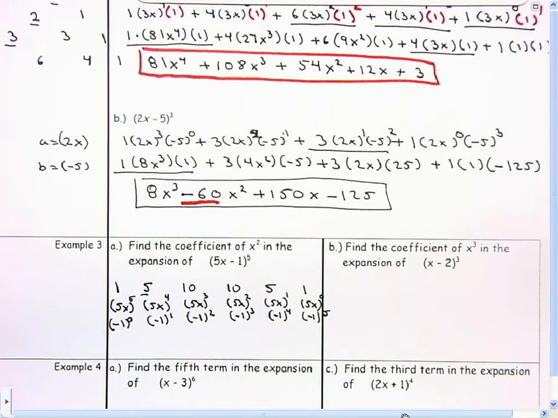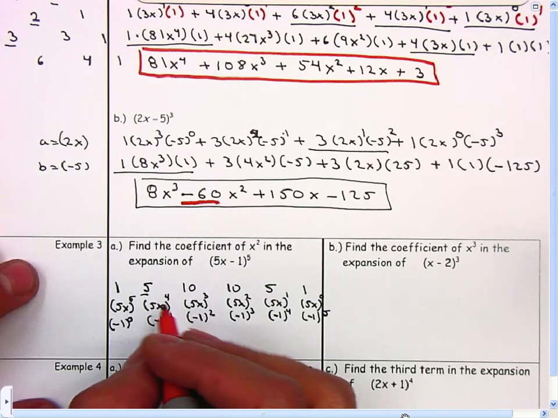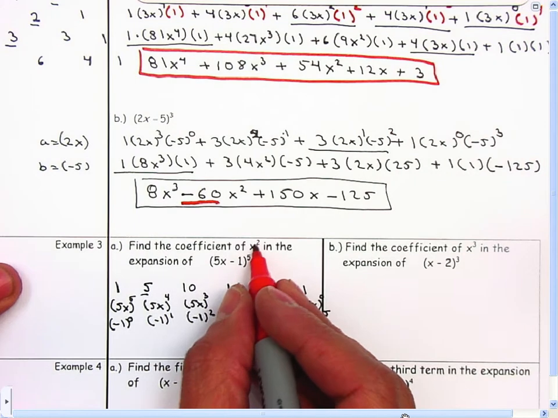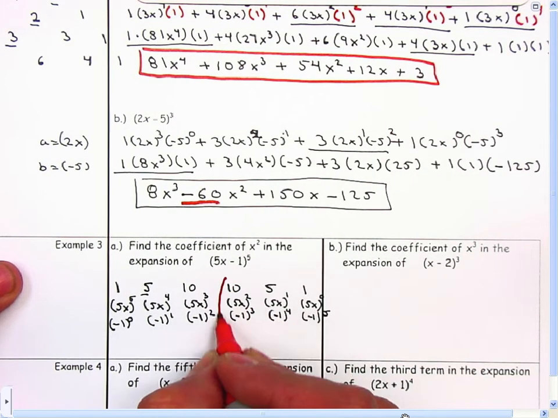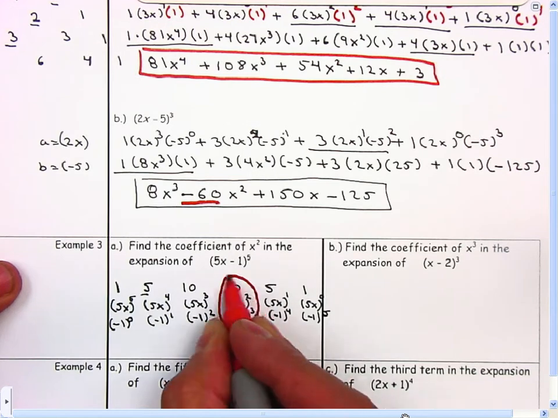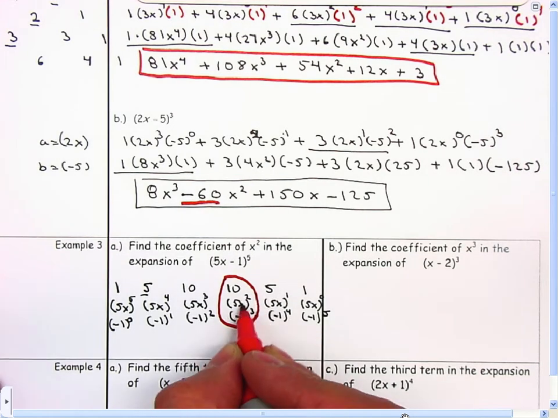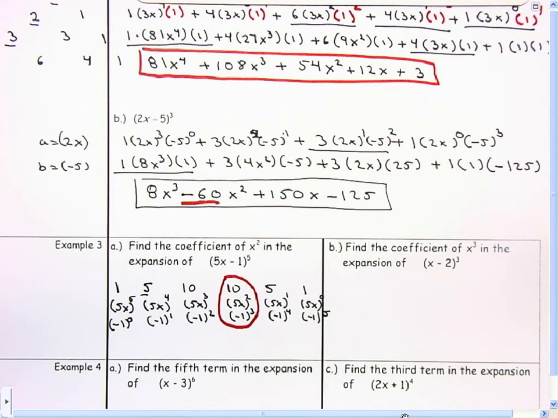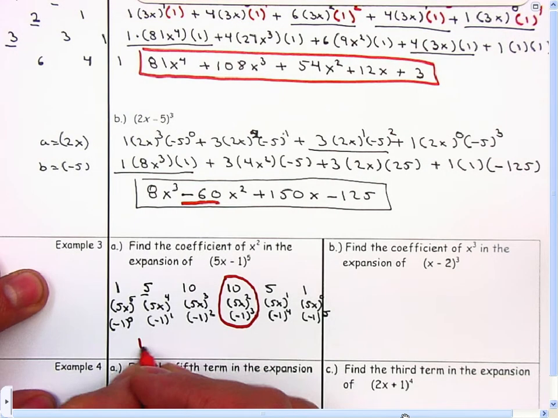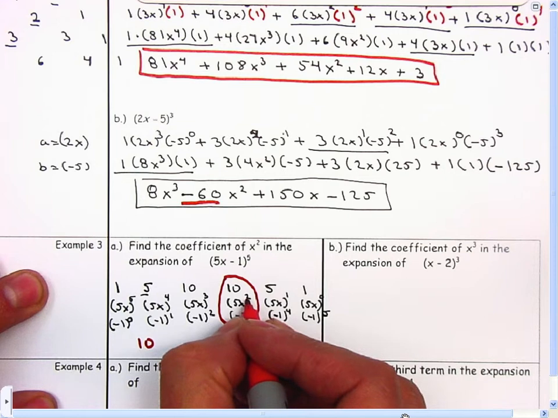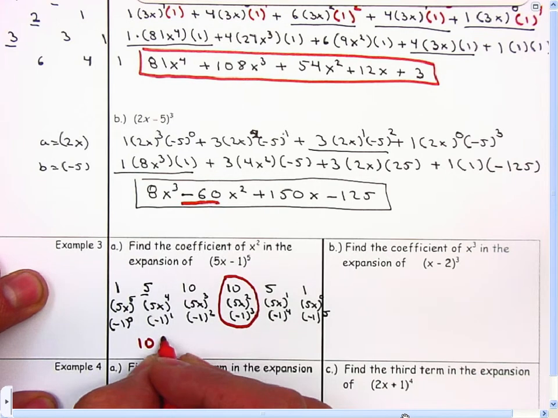Now, I'm not going to simplify all of them because I'm actually just looking for the one that's going to be x squared. And if you notice, this one here is the one term that will be x squared. So I'm just going to simplify this one here. That will give me 10. 5x squared will be 5x times 5x, which is 25x squared.